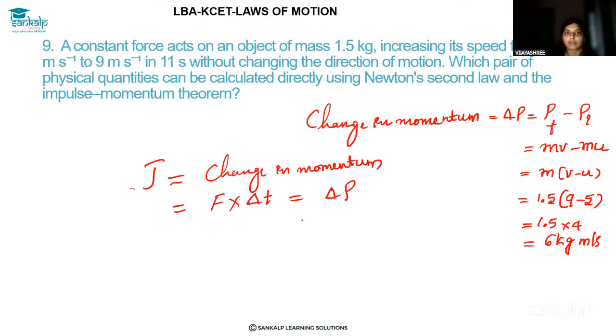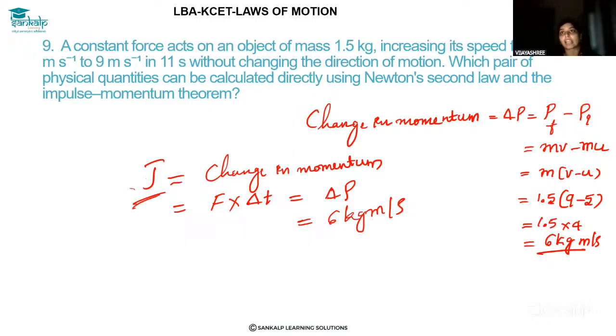So delta p is 6 kg meter per second. So impulse is also 6 kg meter per second.